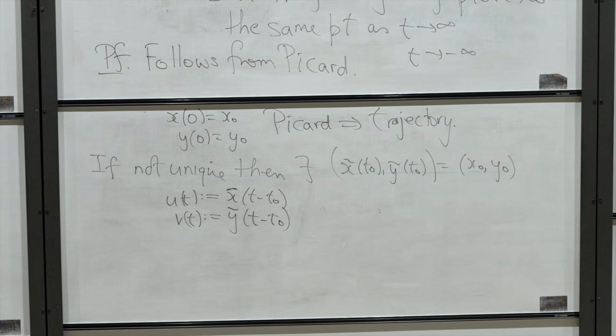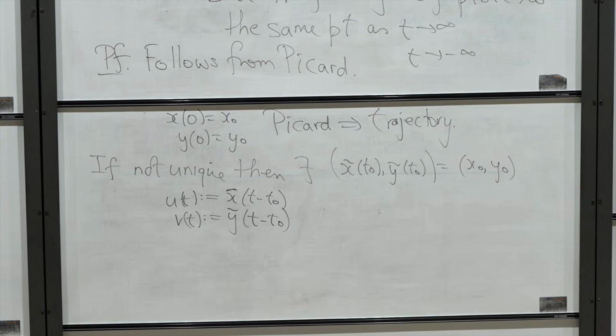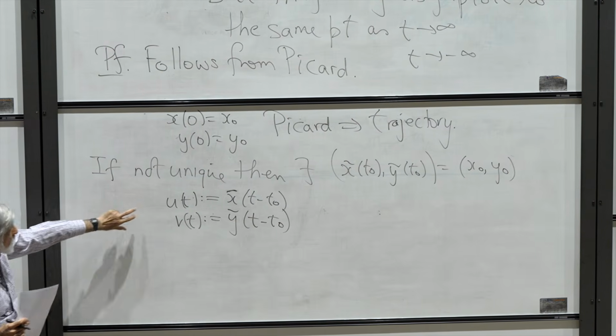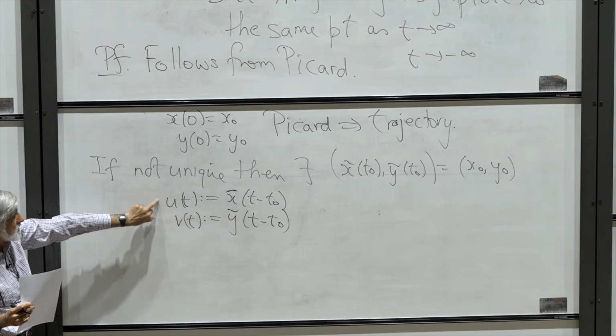Then we know from this first part up there, if we just replace t0 by minus t0, we know that this is a solution.